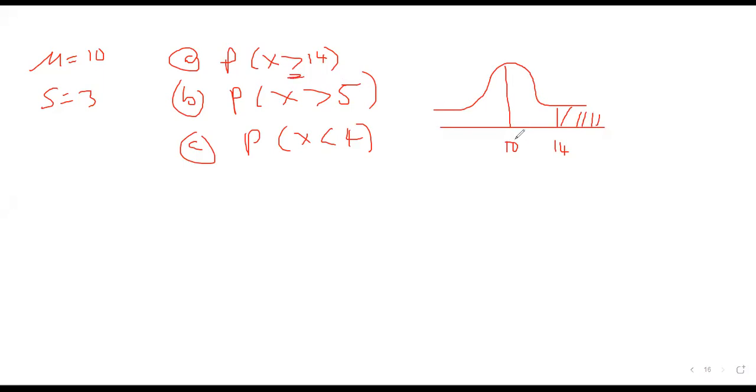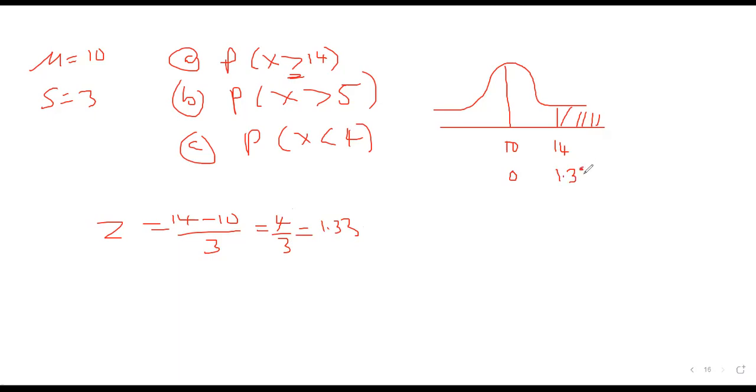Correct. Then we standardize: 14 minus 10 divided by 3 is 1.33. Correct. So 10 is at 0 and 14 is 1.33.